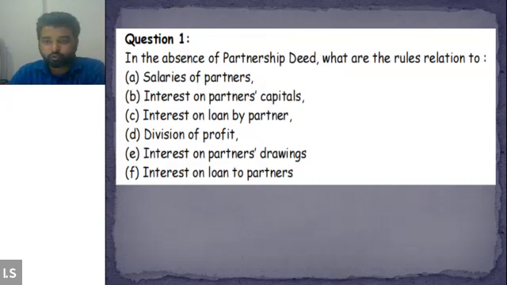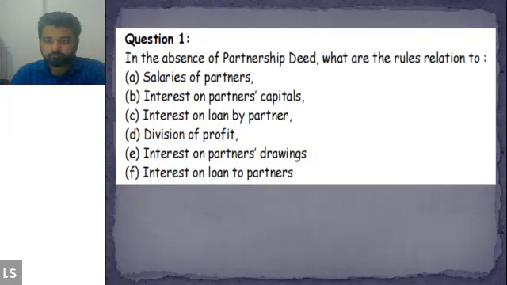But if there is no partnership agreement regarding the payment of interest on loan, then in such a situation also, the Partnership Act 1932 says that the partner is entitled to claim interest at the rate of 6% per annum. So in question C, interest on loan can be claimed by the partner at 6% per annum. Is that clear, Arvind?